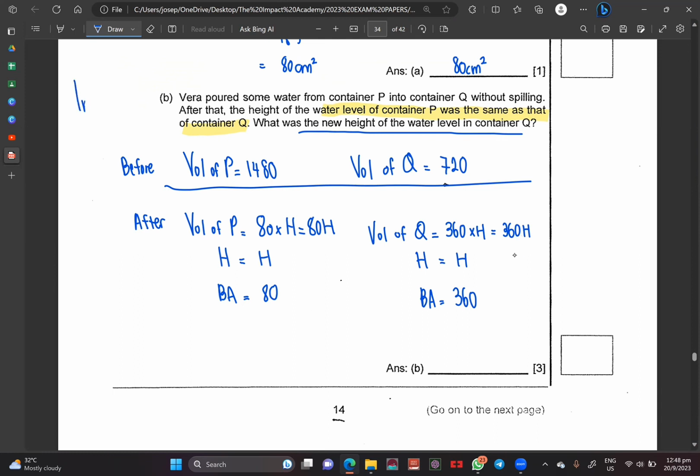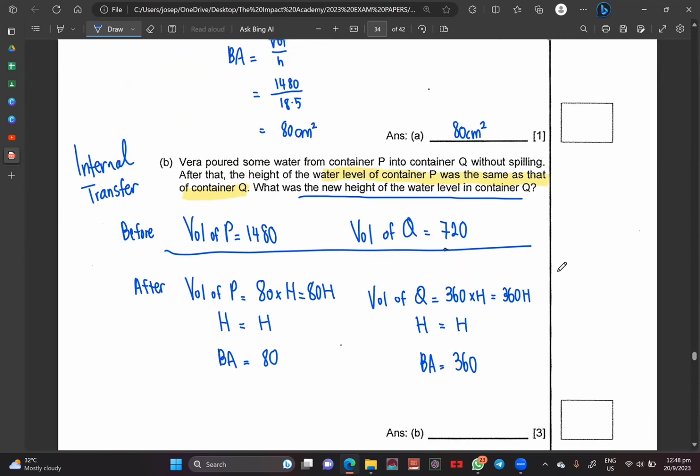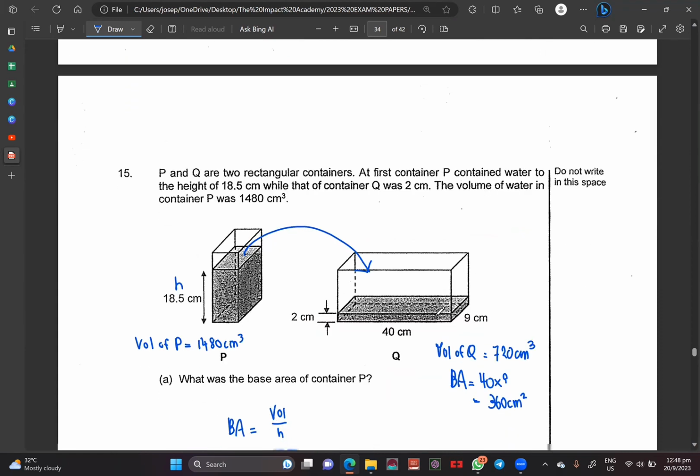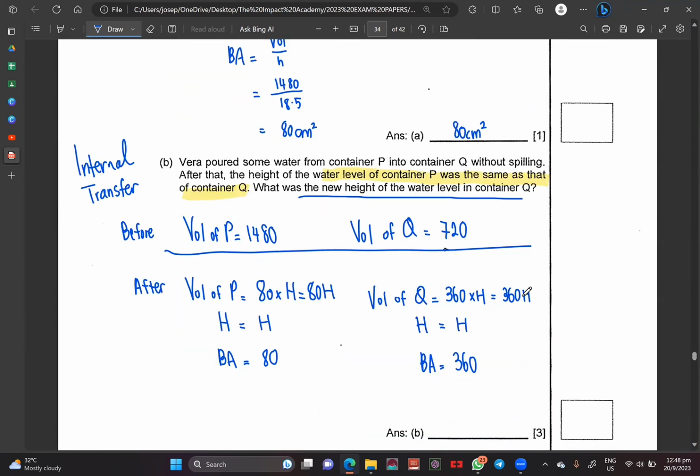Do you remember this concept called internal transfer? If you look at this, you realize all we are doing is just pouring water into Q, but the total volume never changes. So this is a concept under constant total. So we write down that our total for before is 1,480 plus 720, and that gives me 2,200.